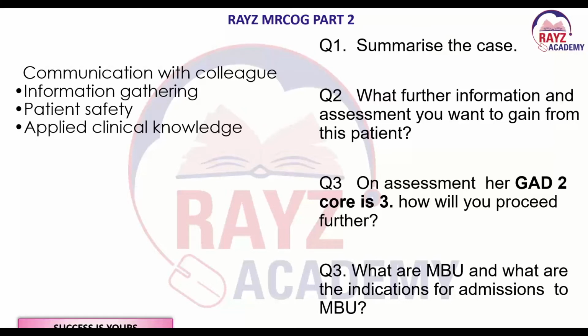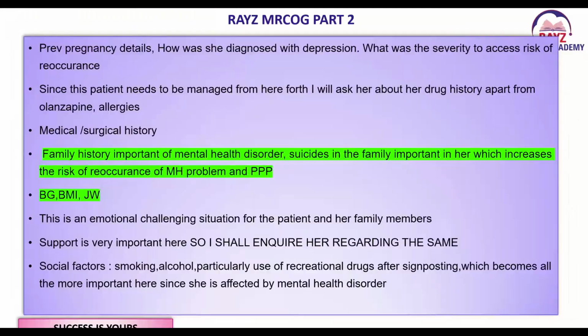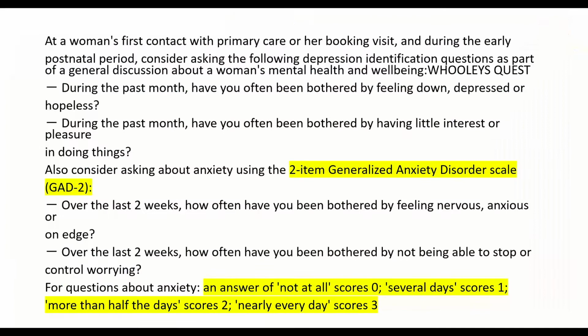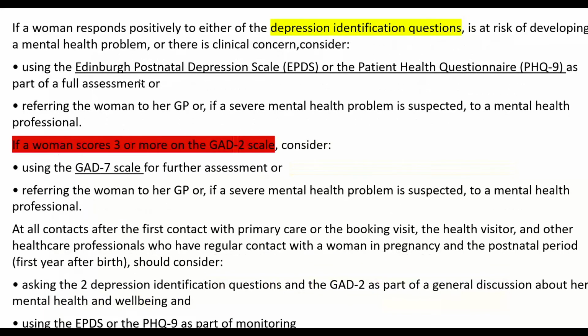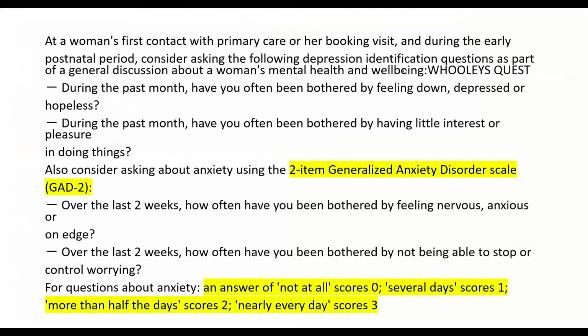Two questions are asked, and if the mother responds positively to any one of them, then a further questionnaire is done, known as the Edinburgh Postnatal Depression Scale or Patient Health Questionnaire 9. This is the full questionnaire which is done if she responds positively to either question.